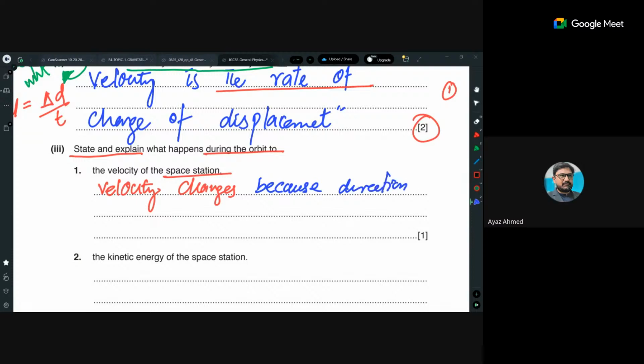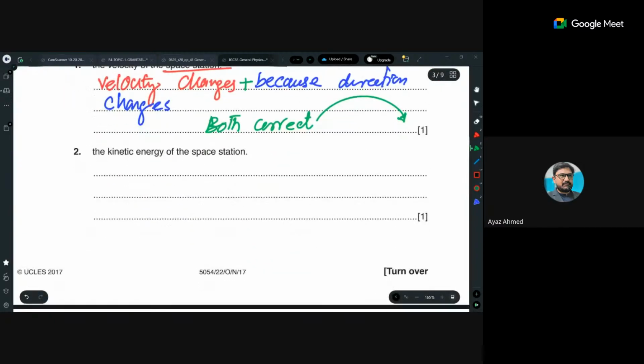All correct, 1 mark. If you have stated velocity changes but your explanation is not correct, then you will not score any mark. Isn't that unfair? Yes, both correct 1 mark. Is this clear to everyone?